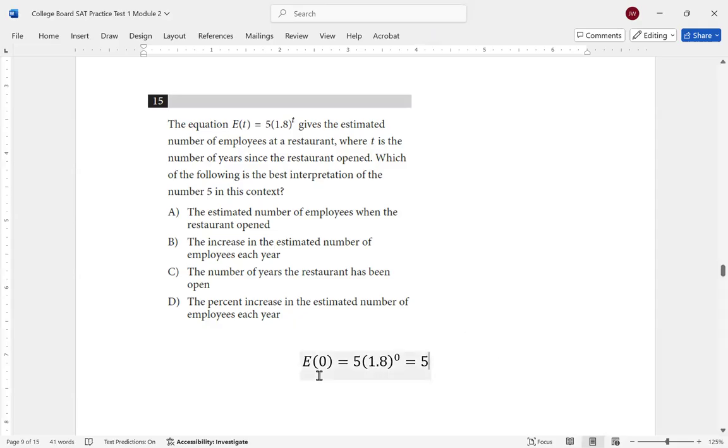That means at time 0, this restaurant had 5 employees according to the equation. So the best interpretation of that 5 is that it's the number of employees when the restaurant opened. At time 0, when the restaurant opened, we had 5 employees. So the correct answer is A.